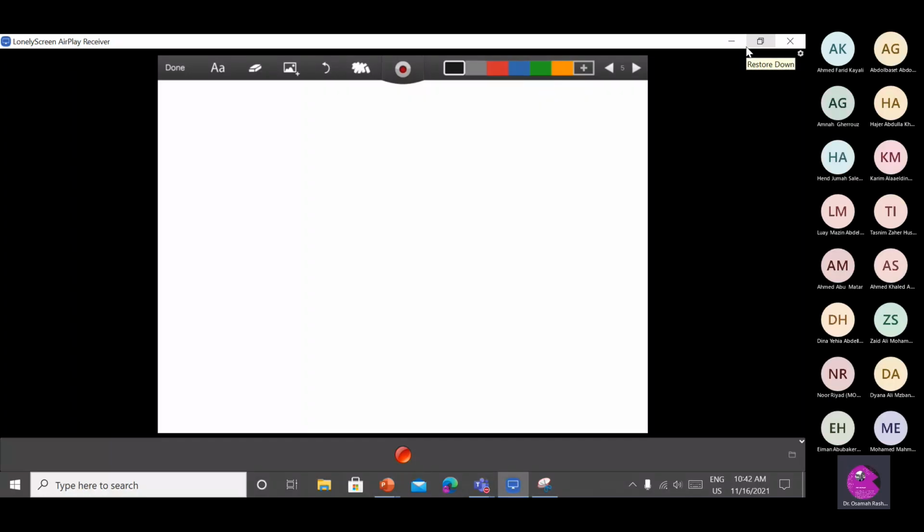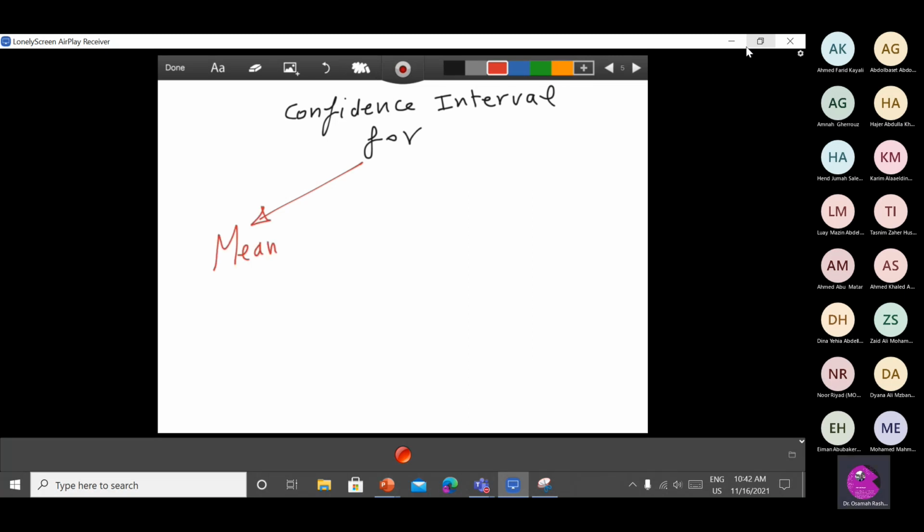Let's start talking about confidence intervals. What do we have? We have it for the mean, and we have it for variance or standard deviation. When I talk about a confidence interval for the mean, I mean the mean of the population.